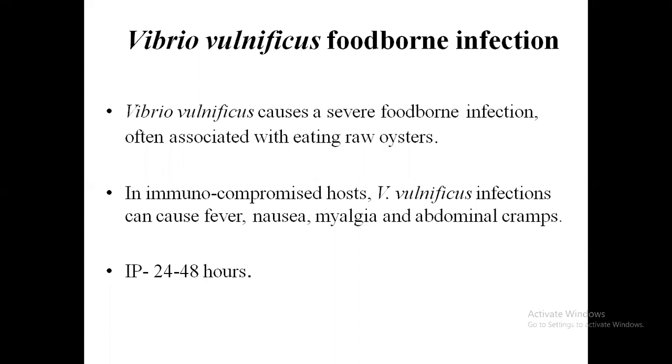And also Vibrio vulnificus, which causes severe foodborne infection associated with eating raw oysters. In immunocompromised patients, Vibrio vulnificus can cause fever, vomiting, myalgia, and abdominal pain. Incubation period is between 24 to 48 hours.